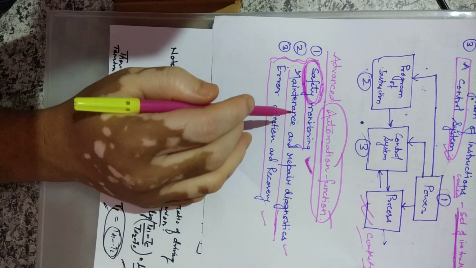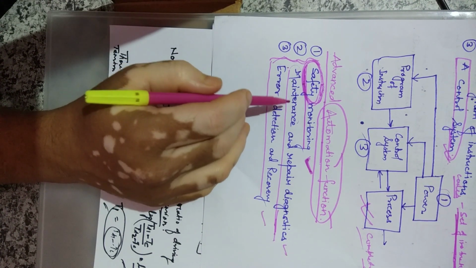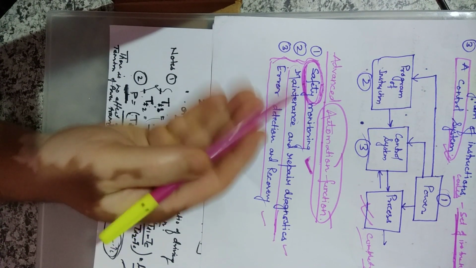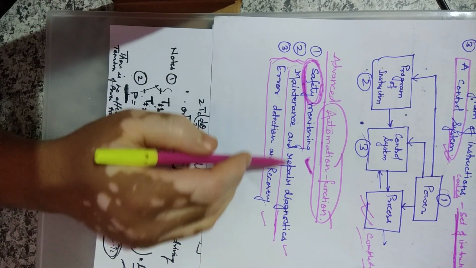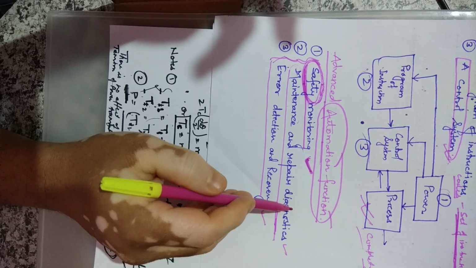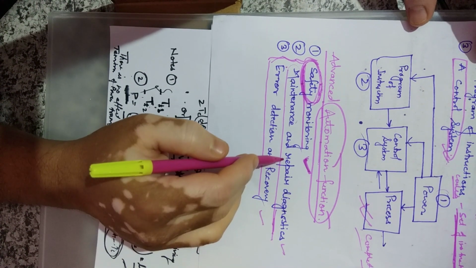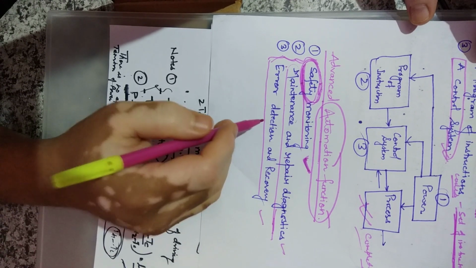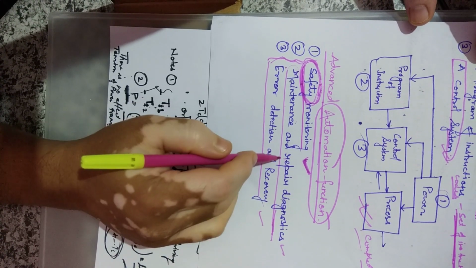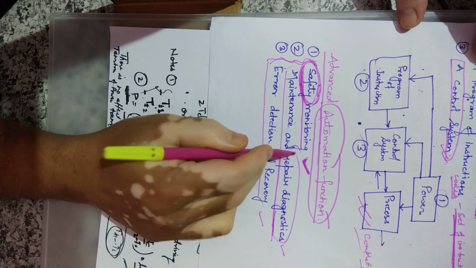The very basic or low maintenance processes, it can carry out automatically and repair itself. For example, if the cutting tool is not sharp or has worn out, it can change its cutting tool. That comes under the repair diagnostic system.